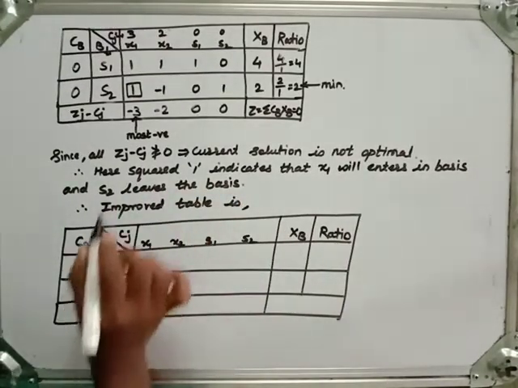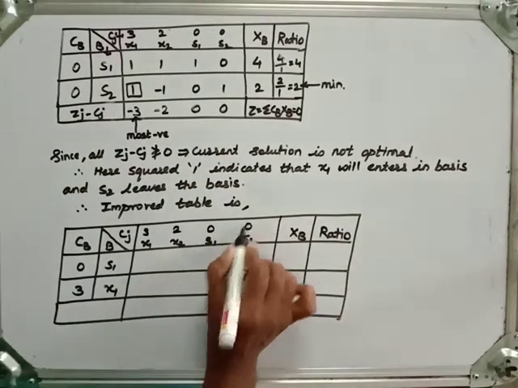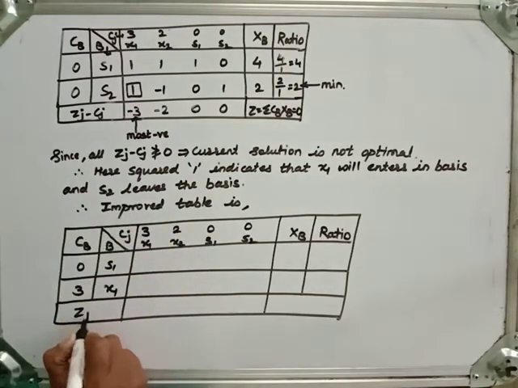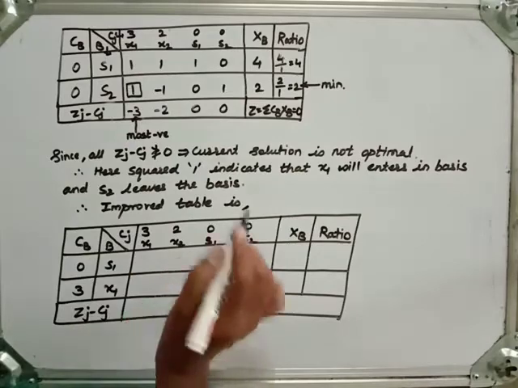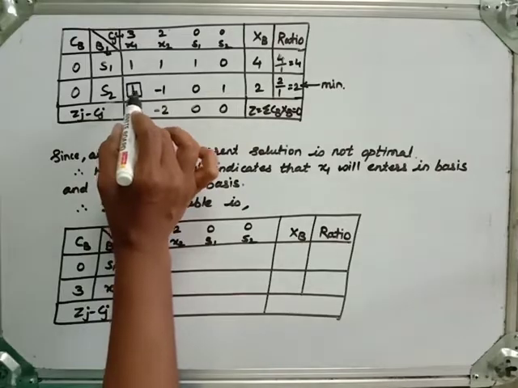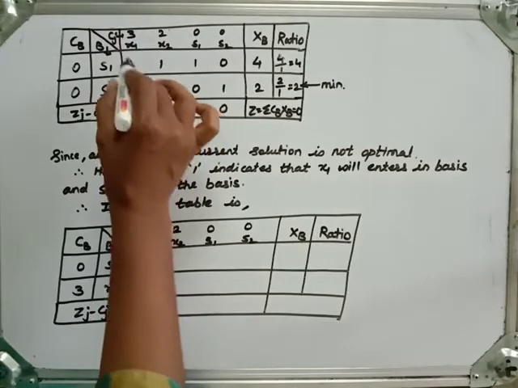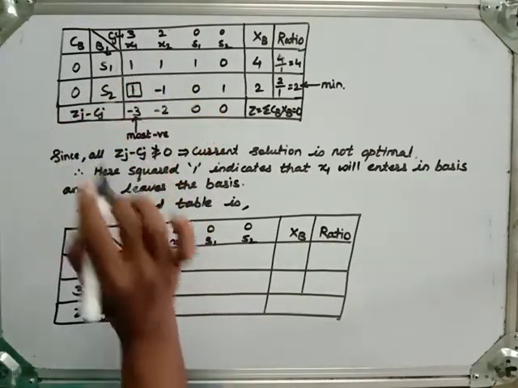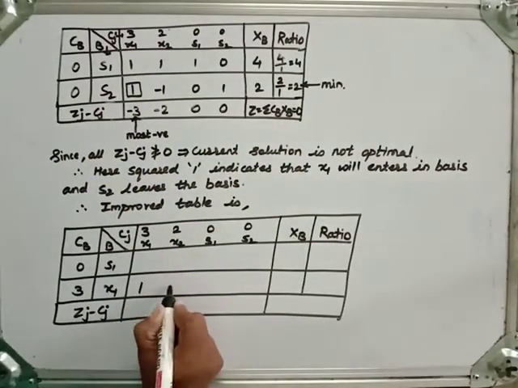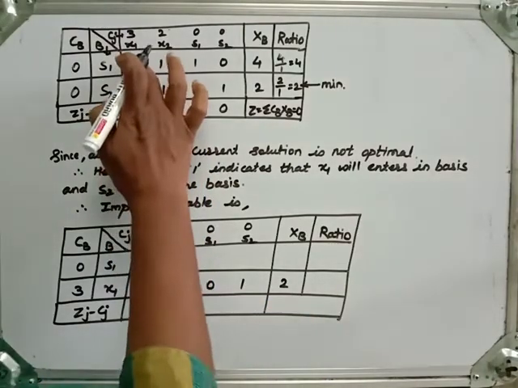So x1, what is its coefficient? 3. Here also 3, 2, 0, 0. These remain same. Okay. Now Zj minus Cj. As we have seen in previous example, here we have to make pivot element 1 and other elements in the corresponding column we have to make them 0. So now here already it is 1, so keep it as it is. So 1, minus 1, 0, 1 and this 2 as it is. Now I have to make this 1 0.